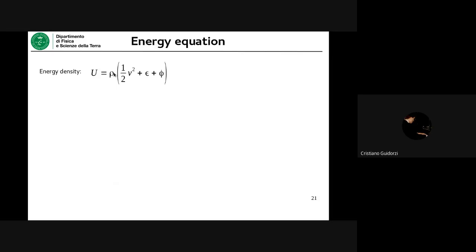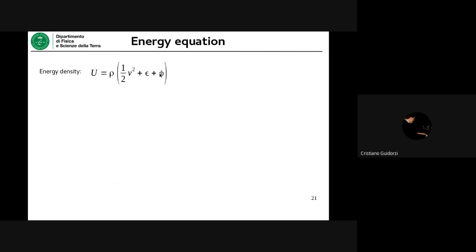Per unit volume, you have an amount of mass, which is rho. So 1/2 rho v squared is the associated kinetic energy of the fluid. But if you remember, we defined epsilon as the internal energy per unit mass. So the internal energy per unit volume is epsilon times rho.